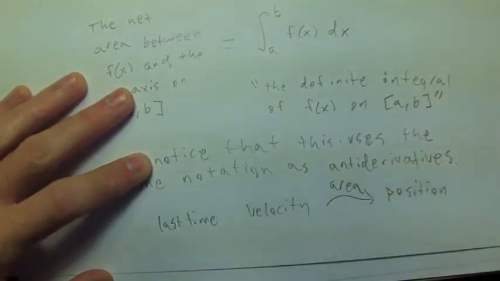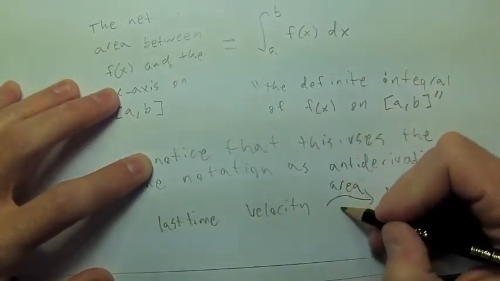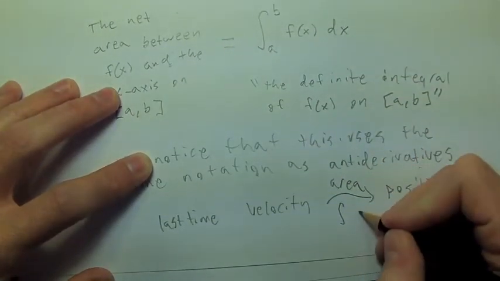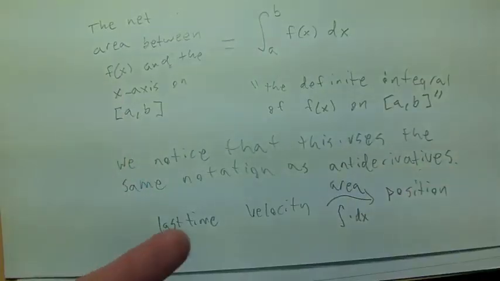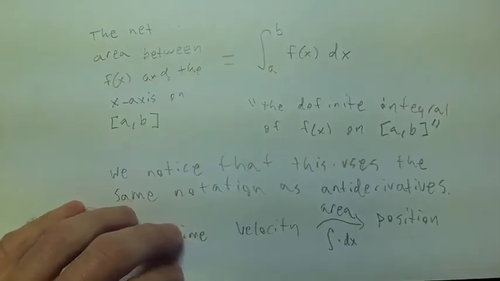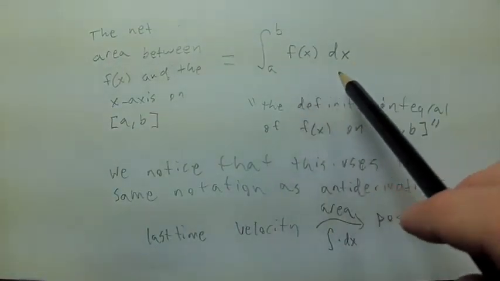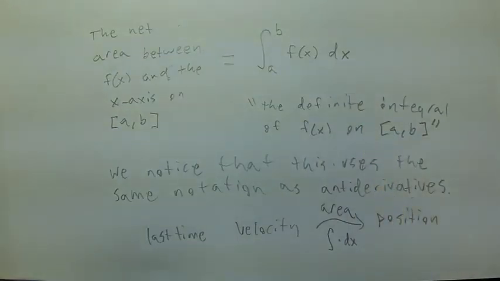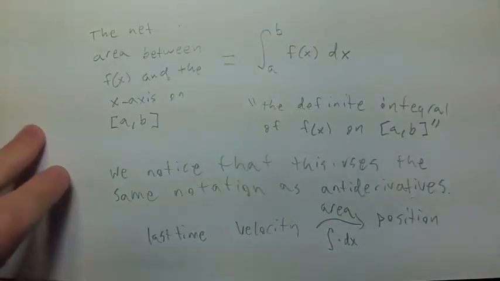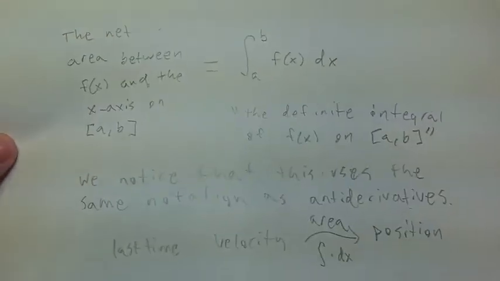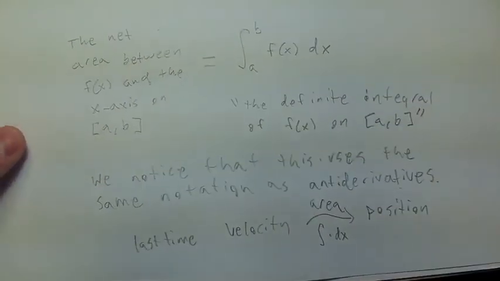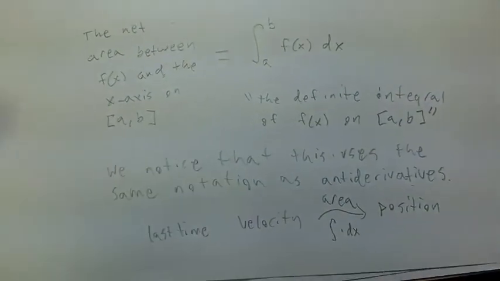And that's technically the antiderivative, going from velocity to position. So these are very closely related. That's what we'll be talking about next time, is how they're related. But what we're talking about in this section, for the most part, the majority of this lecture, is the definite integral as an area.